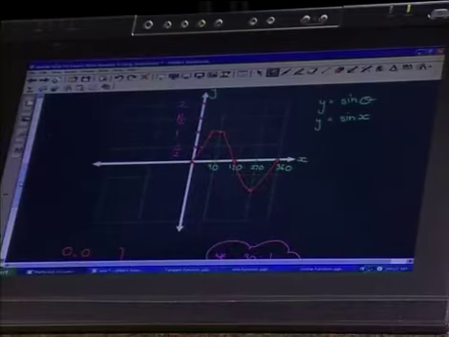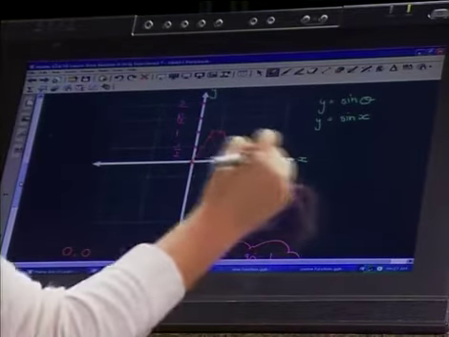So your domain are all your x values, and your range is your y values. So for example, if I asked you, what is the domain of this function? You're sitting there going, all right, domain are my x values. But how does that help us? These are our x values here.